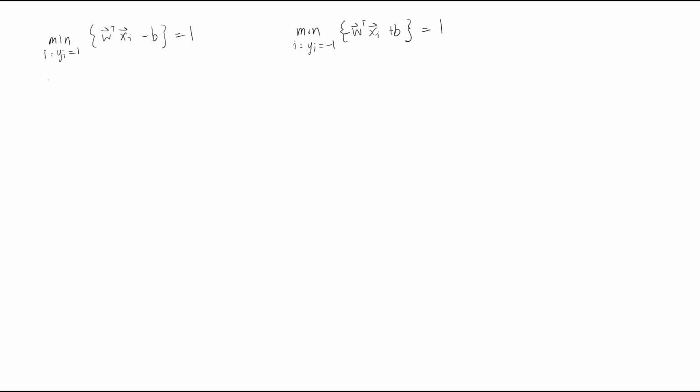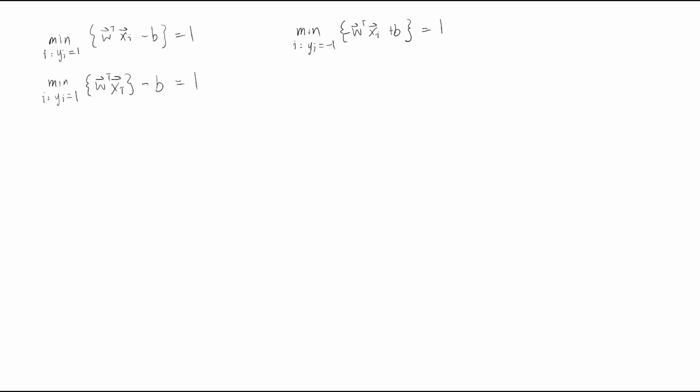The first step, we're going to pull the b to the outside, so that the minimum only applies to w transpose xi, because the b doesn't need to be inside the minimum. It does not depend on i. Okay, so that's the first step.